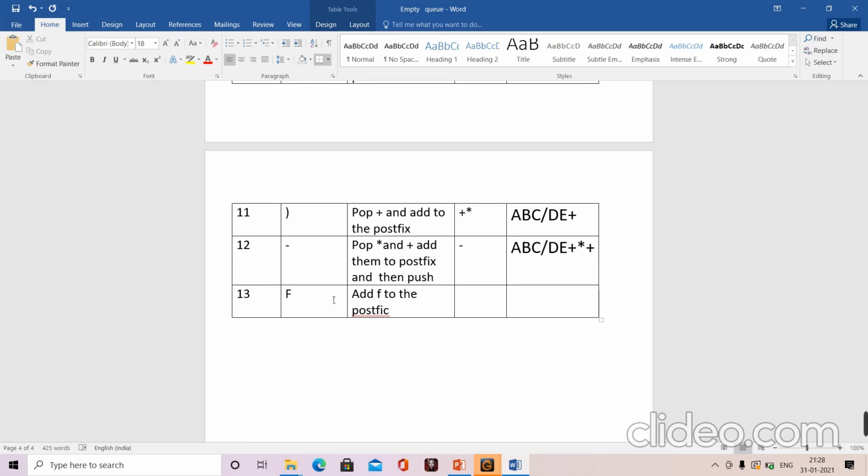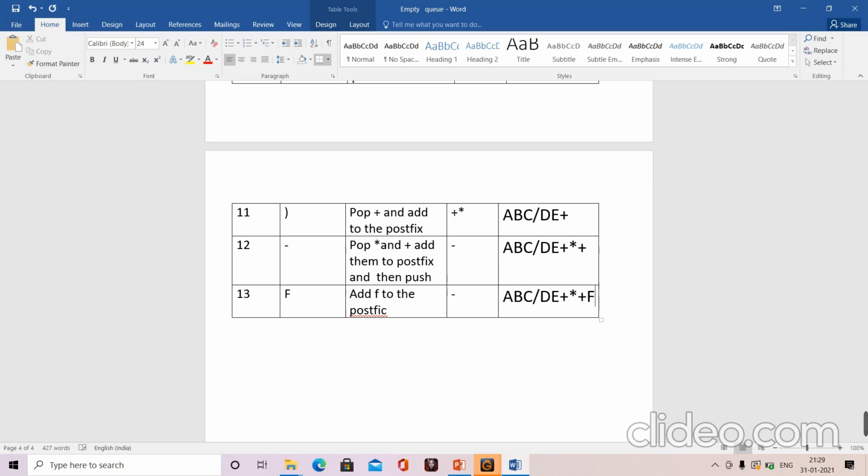Then at last we have only one remaining operator, minus, and there are no more symbols.